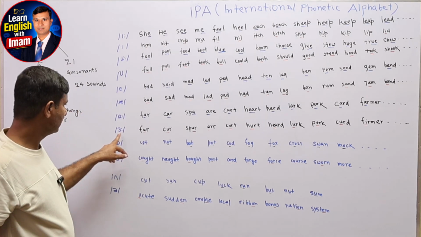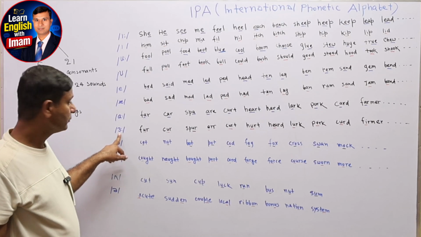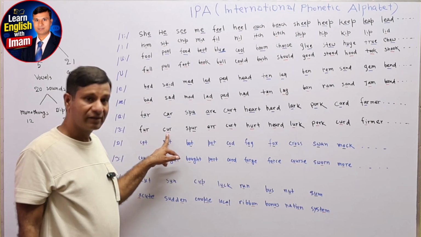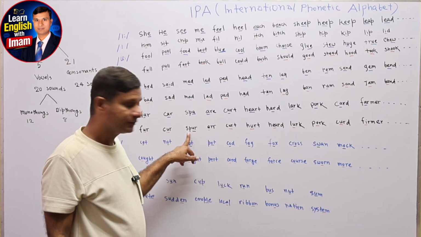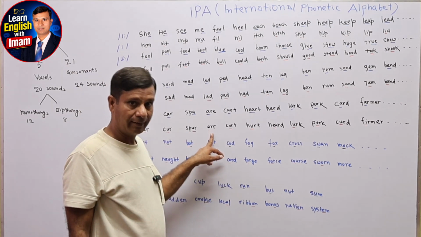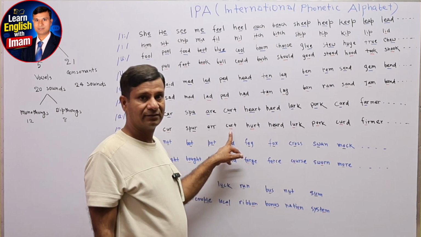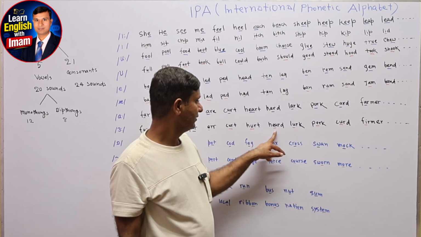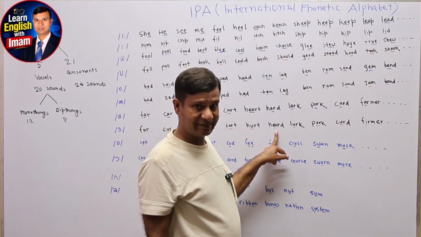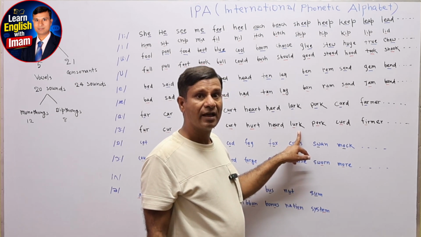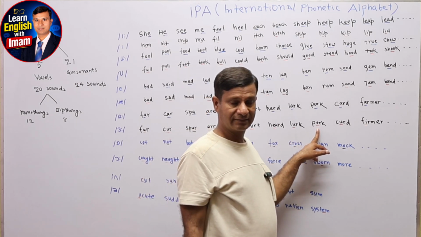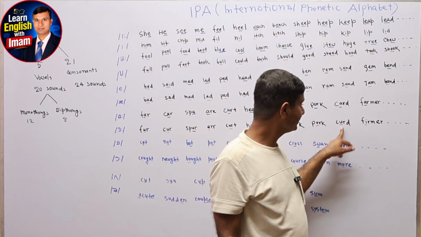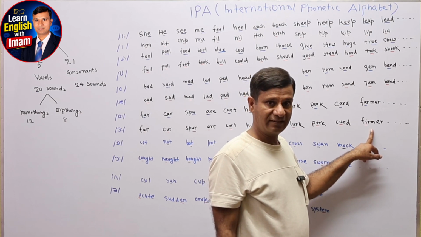We have a short sound: fa, ka, spa, cut, heart, hard, lurk, perk, curd, farmer.